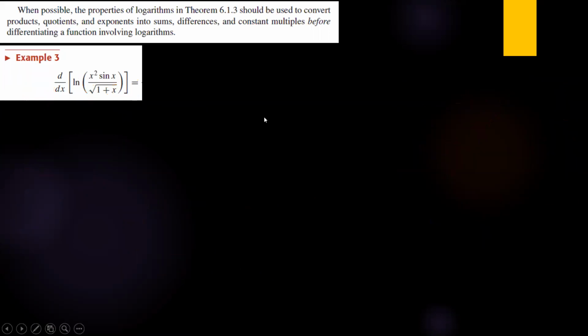Now, when possible, the properties of logarithm in theorem 6.1.3 or in lesson 1 should be used to convert products, quotients, and exponents into sums, differences, and constant multiples before differentiating a function involving a logarithm.